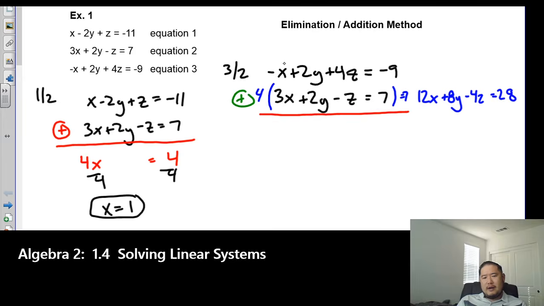Negative x plus 12x gets us 11x. 2y plus 8y is 10y. 4z plus negative 4z is 0. And then we're left with negative 9 plus 28, which is going to get us 19 right there.